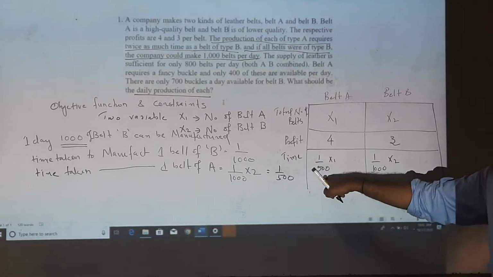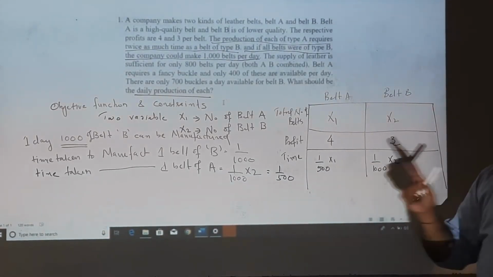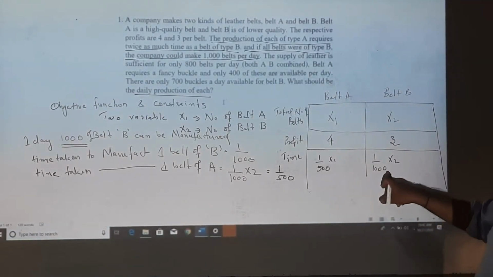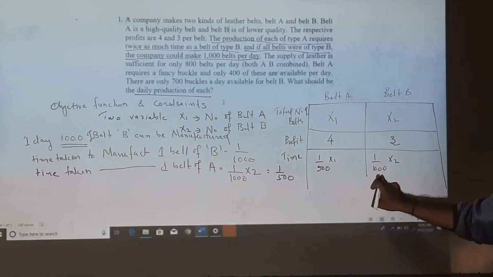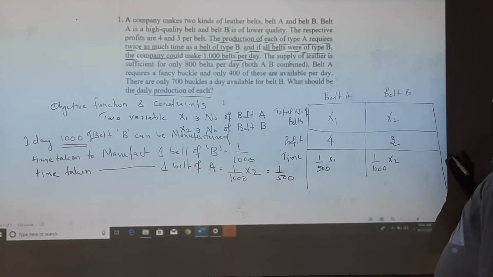Why? Because the time taken to manufacture one belt is 1 by 500 multiplied by x1 number of belts. The time required to manufacture one belt of B is 1 by 1000 multiplied by x2. Total time available is one day.